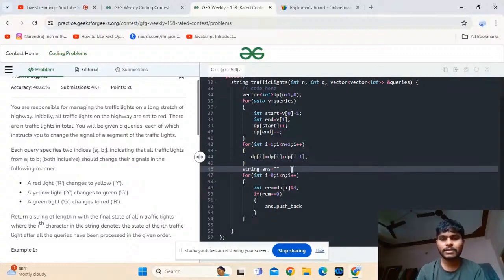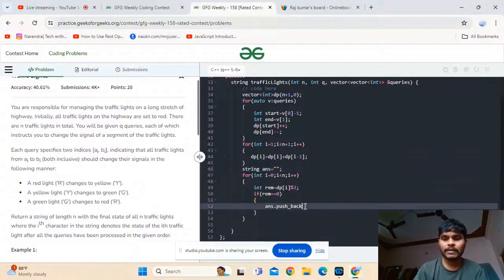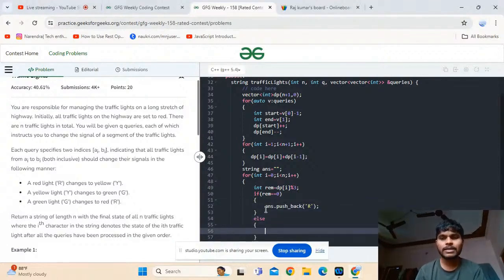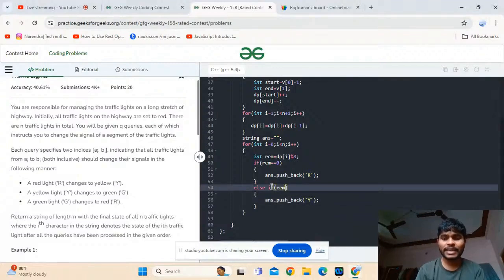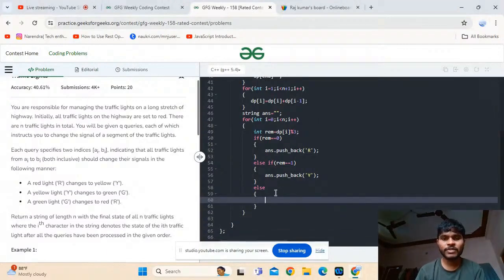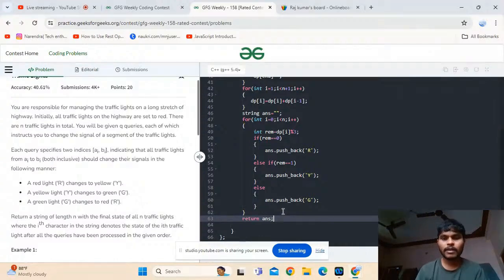String answer, then answer dot pushback r, else if remainder is equal to one, then I have to push y. Else, anyway the remainder must be two, then I have to answer dot pushback g. I am returning answer.